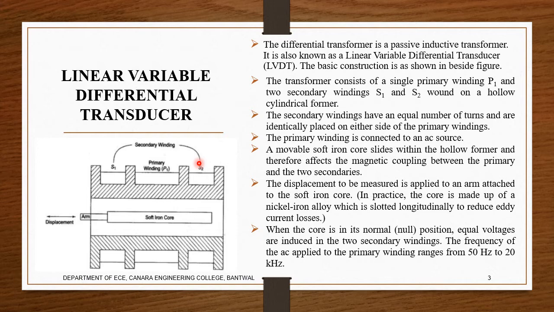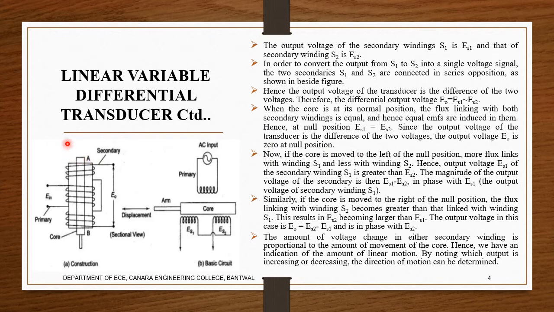You can see in this circuit how they are connected. This is a hollow cylinder. You can see this border line in which the soft iron core is passed with the help of this arm. This is position A and this is position B. This is the primary winding connected to the AC source, and these are the secondary windings, this is S1 and this is S2.